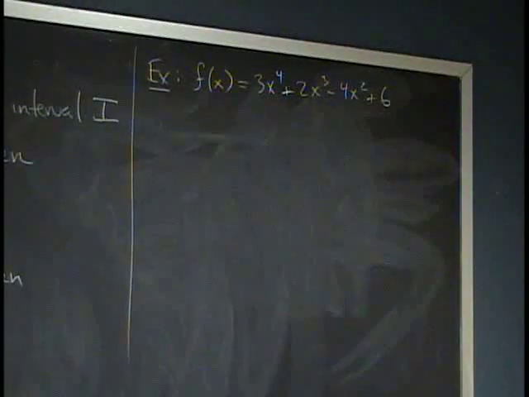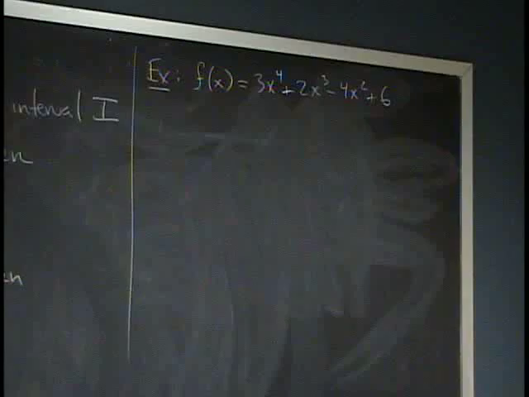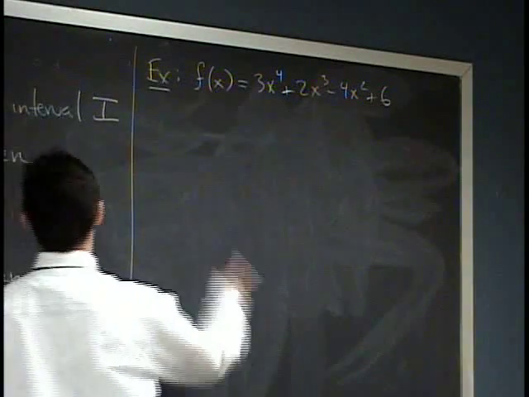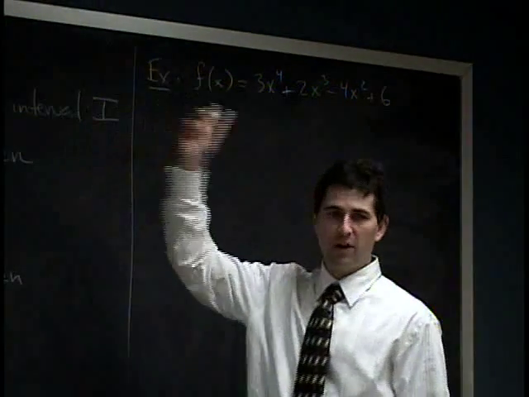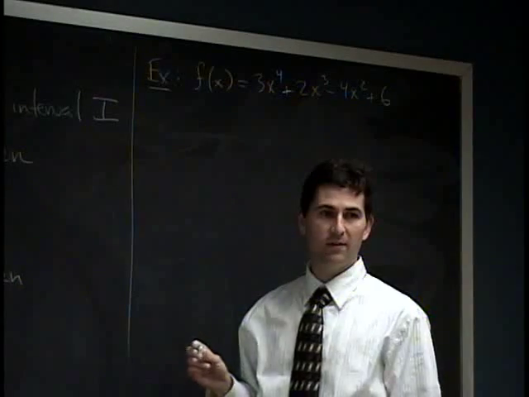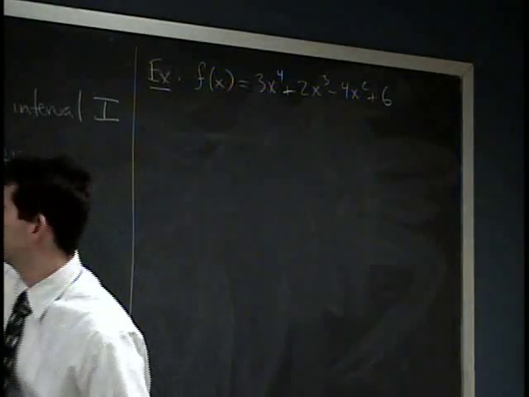Okay, so this is pretty nasty looking, right? Who knows what the graph of that is? We don't now, but you will soon. Let's try to figure out where it's increasing or decreasing. To do that, well, take derivatives.